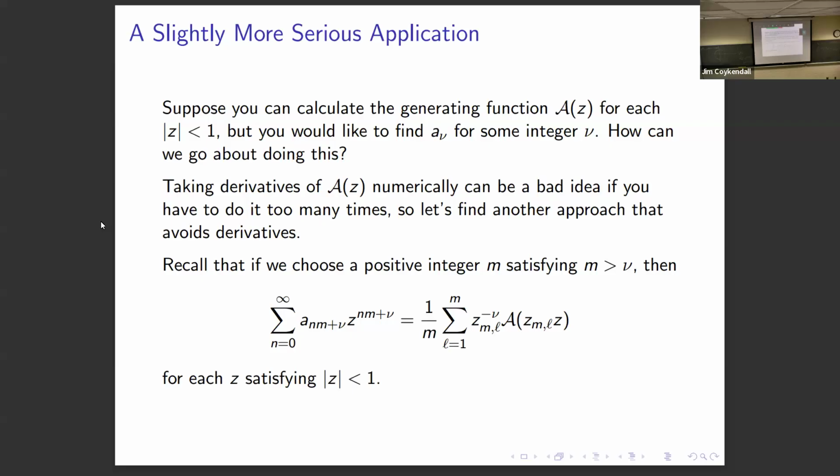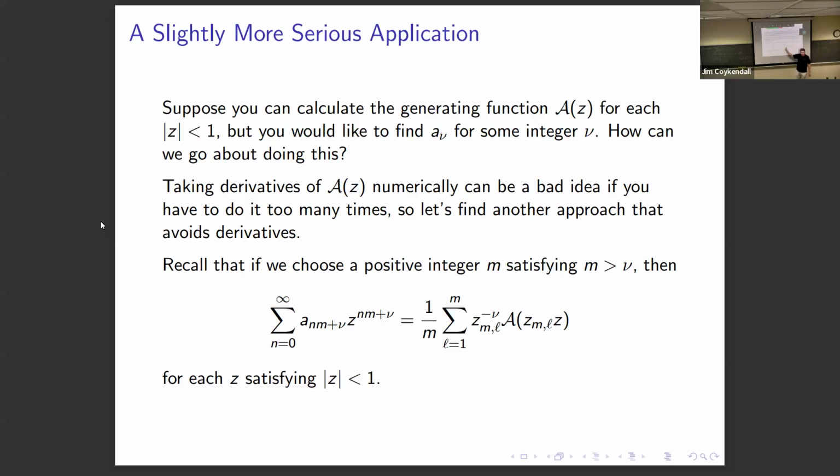Okay, is that clear to everybody? So what I have now is this original sequence a sub n. Assume I know its generating function, and I want to extract from that a nu. Say I need that to answer some question, the a nu term from that sequence. And I claim that I can use this fact to come up with a pretty good estimate of a nu.